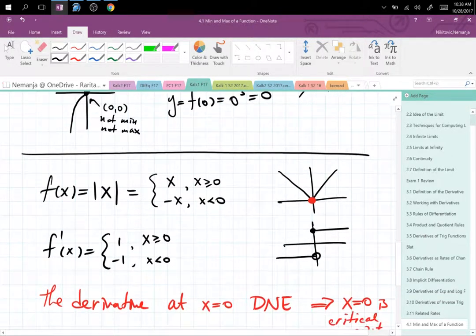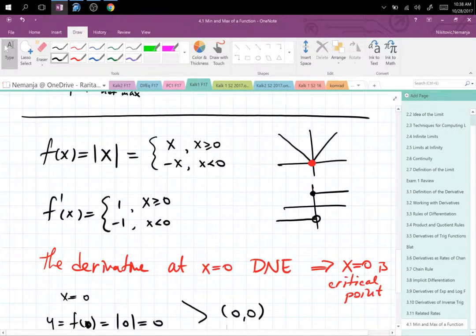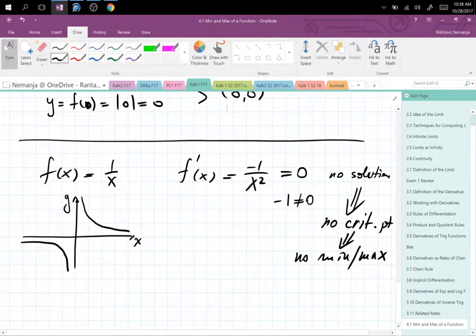You also have a situation where the derivative at the point doesn't exist. And when the derivative at the point doesn't exist, it could be an asymptote, could be a spike like this. And in this case, we did have a minimum, which was a critical point. In the case of 1 over x, where the asymptote is, obviously, we cannot have a point there.